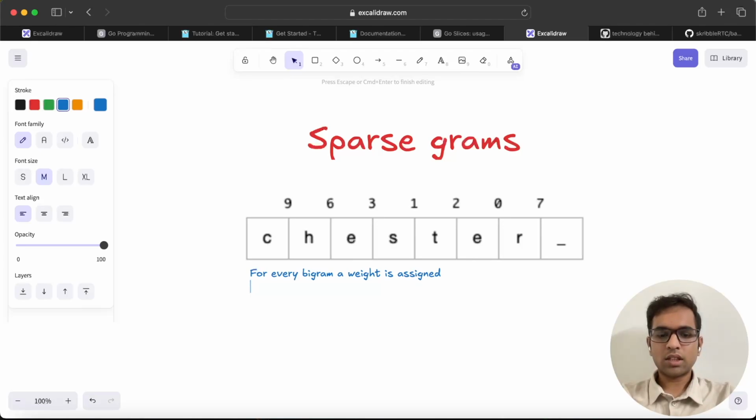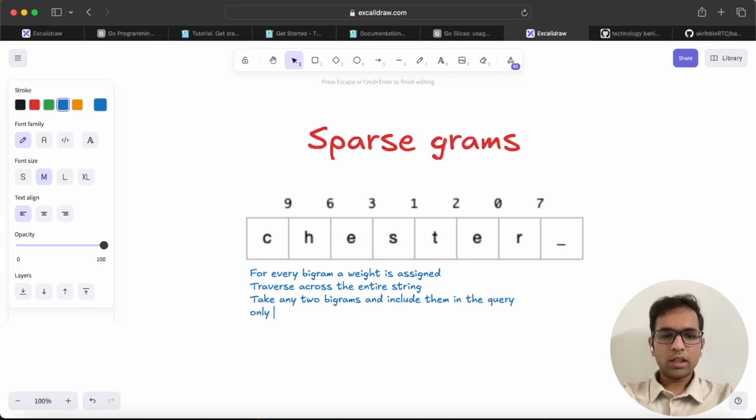So what they do is they traverse across the entire string, take any two bigrams, and include them in the query only if each of the inner weights are strictly smaller than the ones at the boundary.